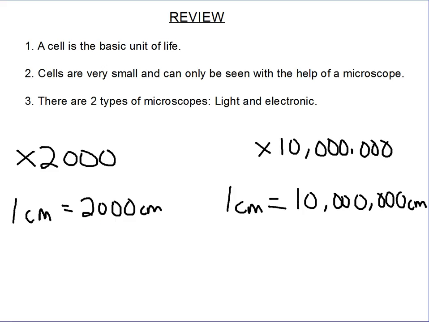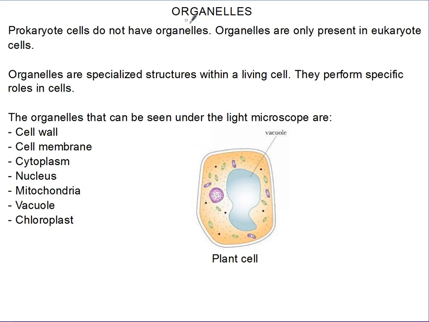Okay, today we'll be talking about the organelles, as I stated earlier. Now, there are two main types of cells. We have the prokaryote cell and then the eukaryote cell. The prokaryote cell is a cell without the nucleus. Prokaryote, before nucleus. So pro means before, karyote means nucleus.